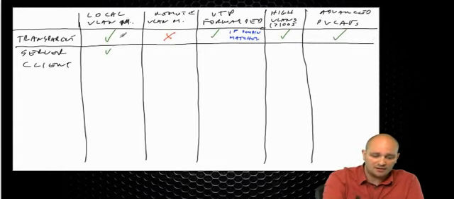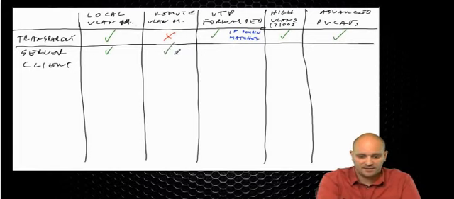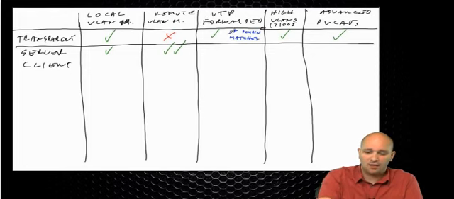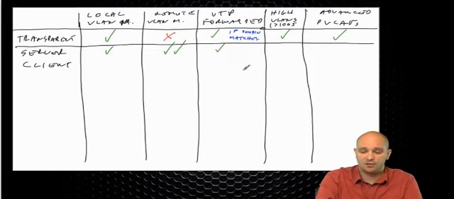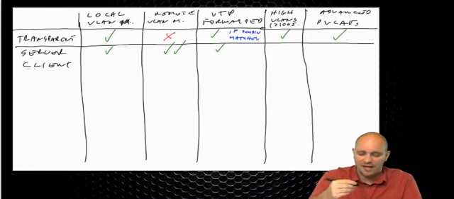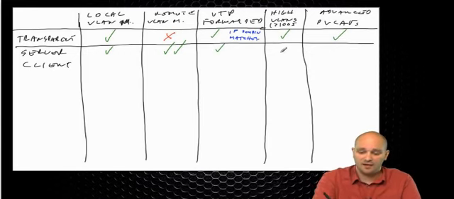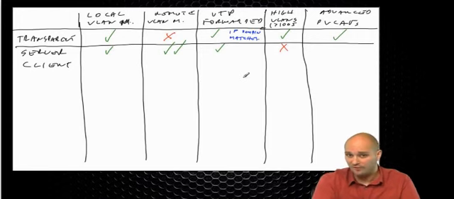We can create local VLANs. We can receive and send updates from the network, and also the VTP packets are forwarded, given that the domain actually matches on the local switch and on the packet that is received. High VLAN numbers are not supported on 3560.